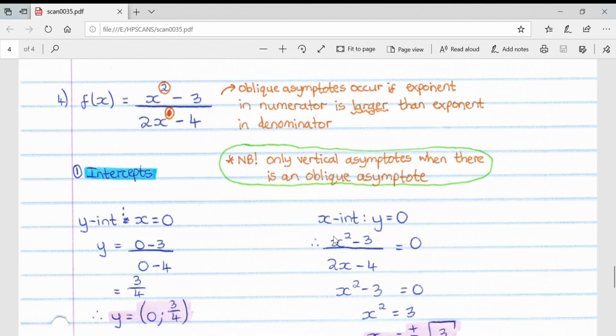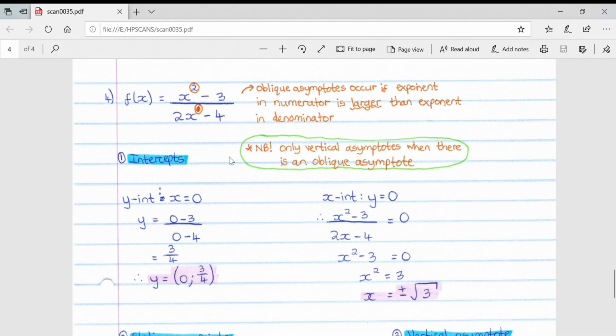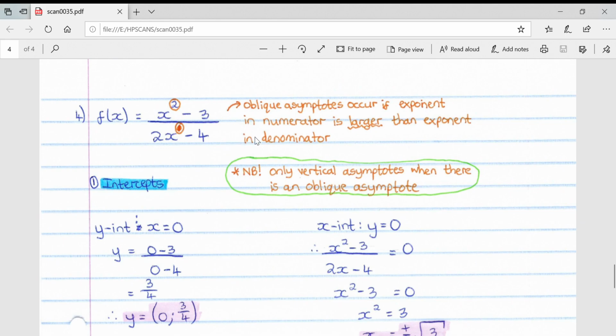Then the fourth and final example, which is one of the hardest examples you'll get, is when you're including an oblique asymptote. So if you're given f of x equals x squared minus 3 over 2x minus 4, you can immediately tell oblique asymptotes occur if the exponent in the numerator is larger than the exponent in the denominator.